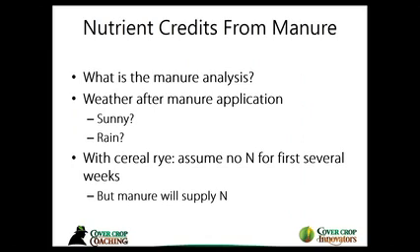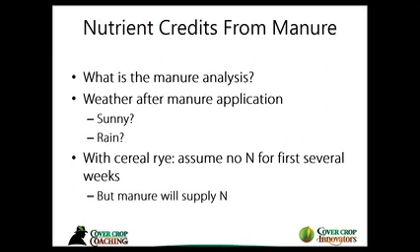You put manure down, and if it rains very soon, that little corn seedling is going to get probably enough nitrogen to start growing. But what if you have 2 or 3 weeks of no rain? That corn could have plenty of nitrogen sitting right there, but not available to it.